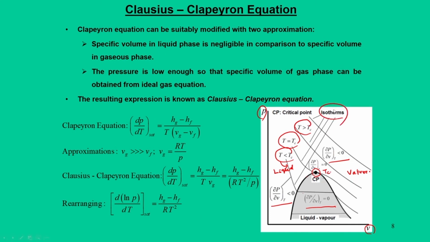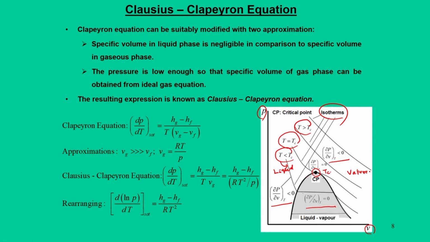So in fact, what we have done is plotted the constant temperature lines on a PV diagram, and accordingly we can also find the slopes, that is dP by dV at constant T at the critical point is 0, and above that it is less than 0.